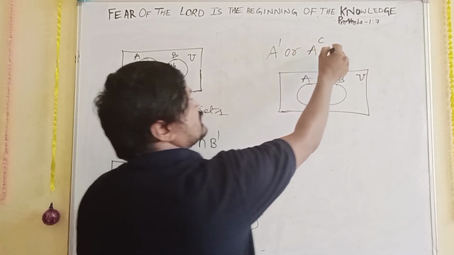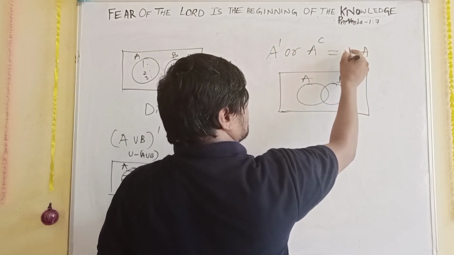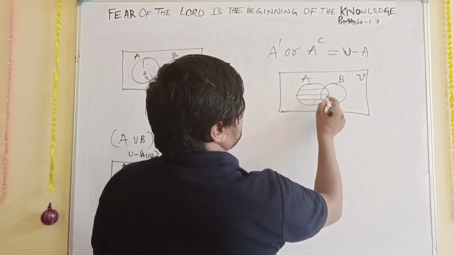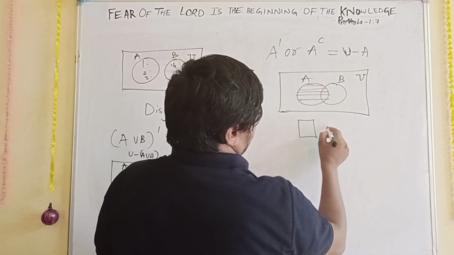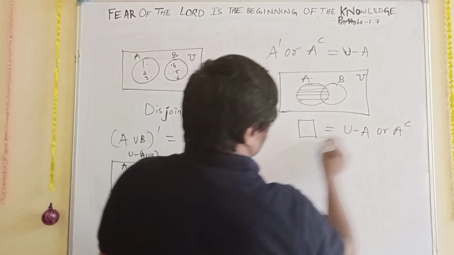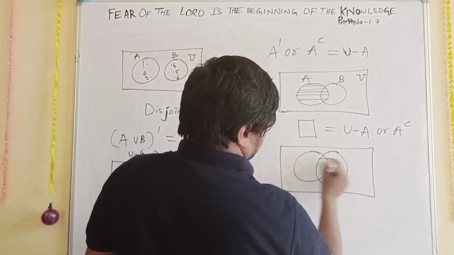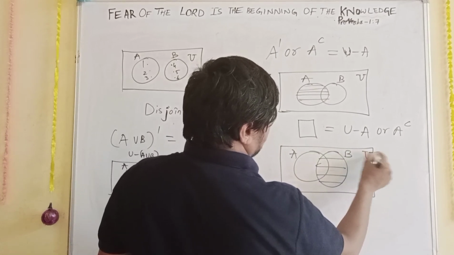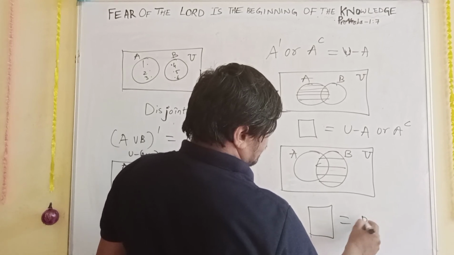A dash means U minus A, so in the universal set, A is completely removed. That empty part is U minus A, or A complement. Same method for B complement: A, B, union, and whichever empty part remains is B complement.